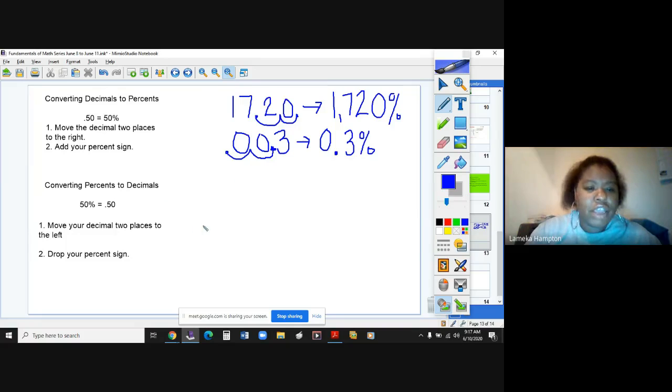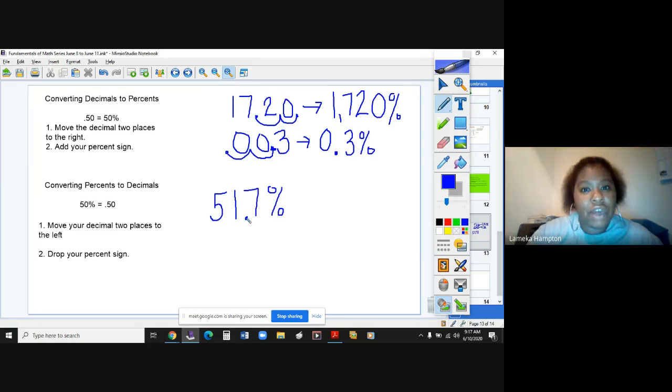Okay. Now, again, we're going to convert percents to decimals. So this is my percent. And as you can see, it already has a decimal in there, but that doesn't mean that that is the actual correct answer.